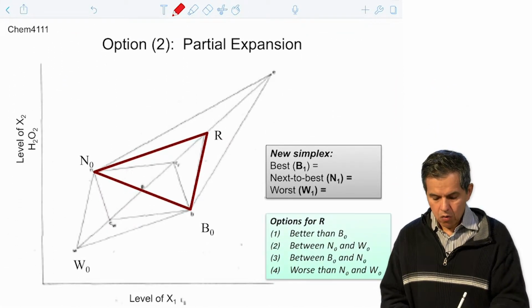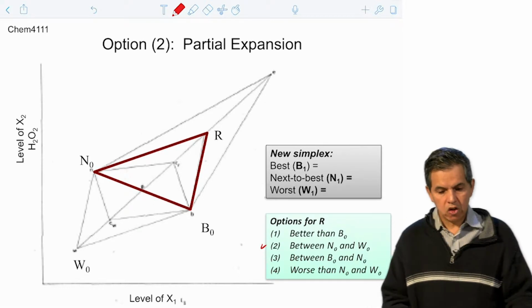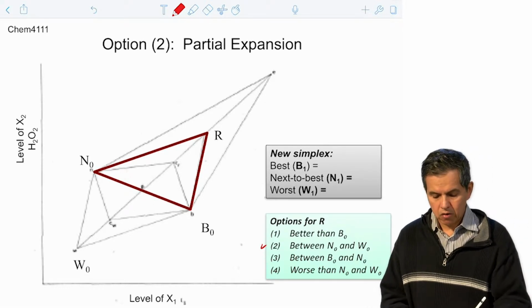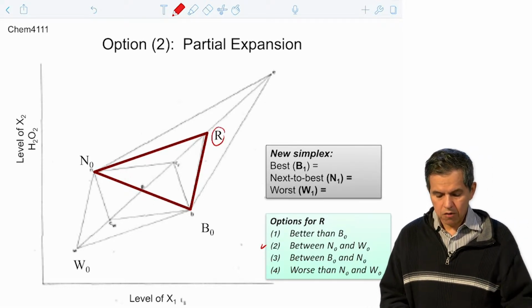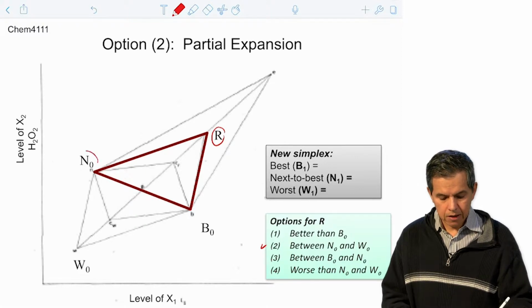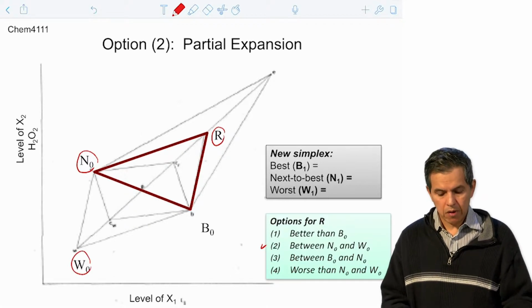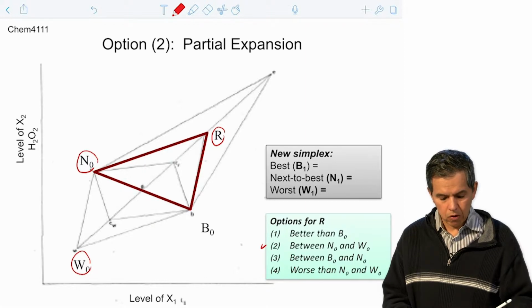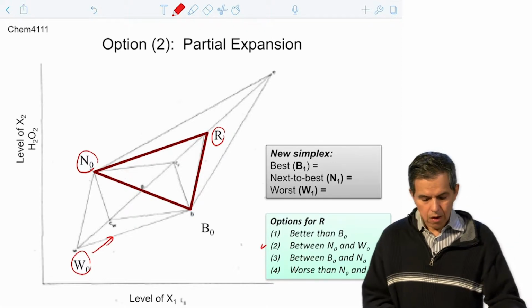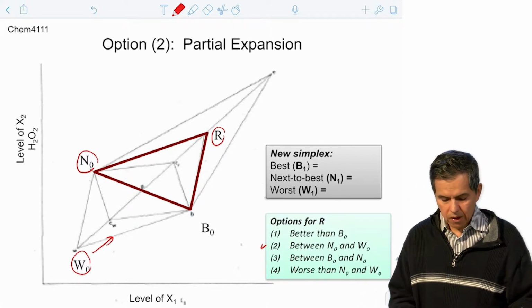What happens when the result of the R measurement is between the next to best and the worst? What can we do in that particular case? We know that we want to be away from the worst, but we know that it's going to be somewhere over here.